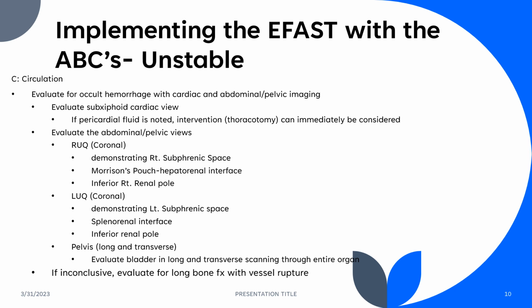Then you want to move inferiorly and evaluate the splenorenal interface. This one can be a little more difficult to detect. It might take some adjustments of moving the transducer and finding different windows to identify this area, especially in some of your larger patients. From there, you're going to move down to the inferior renal pole, and then finally to the pelvis.